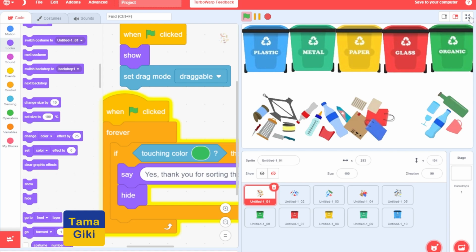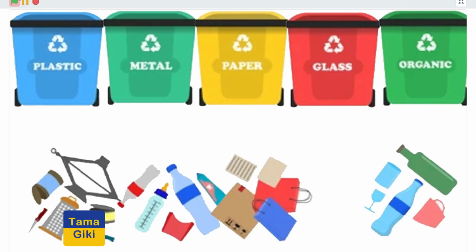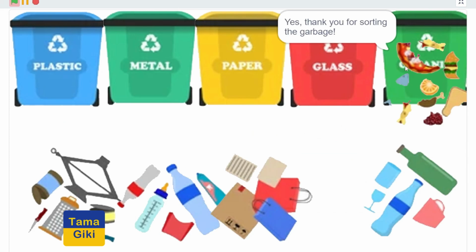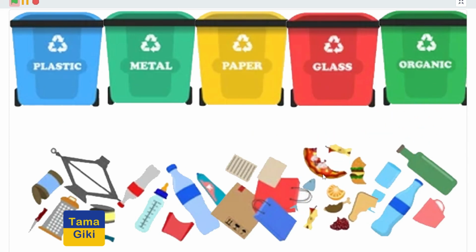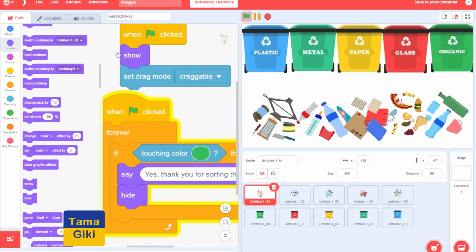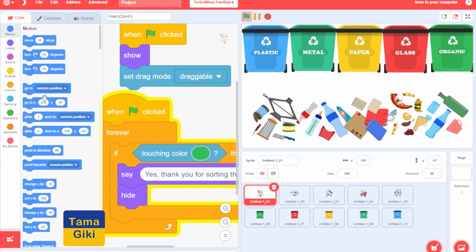Let's test it on the big screen. I expand it, play it, and you see it goes somewhere. Originally it has to be somewhere in this area, but it pops out where it was left last time. So we can fix it: when the game starts, go to where it is now, from Motion, and it will automatically give you the X and Y coordinates.